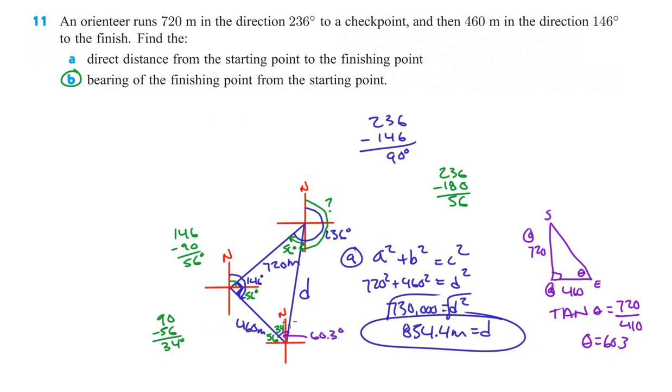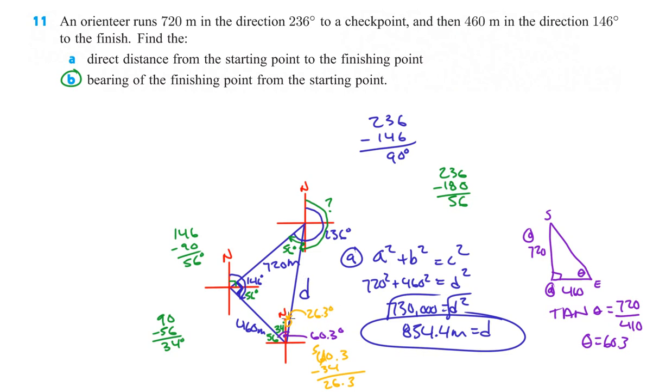To figure out this little sliver piece, I'm running out of colors, we'll call that the orange piece. That's going to be 60.3 minus 34, which is 26.3 degrees.